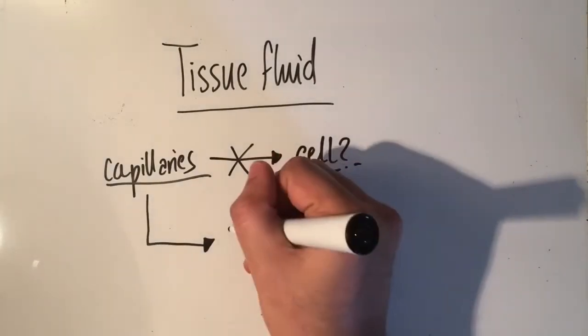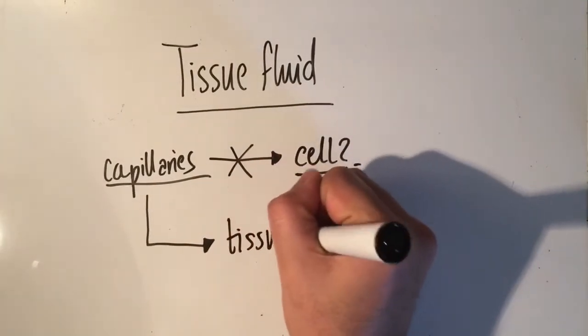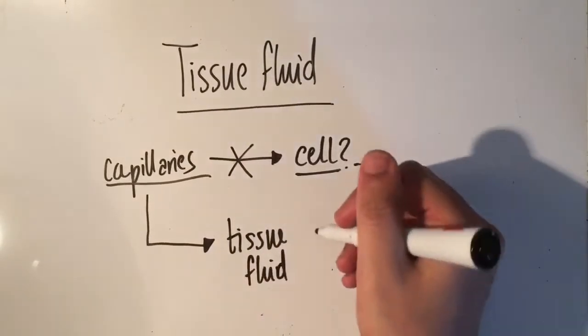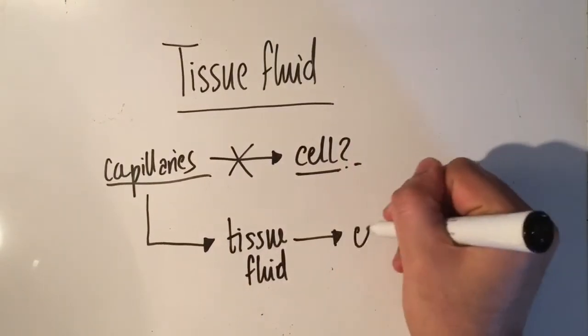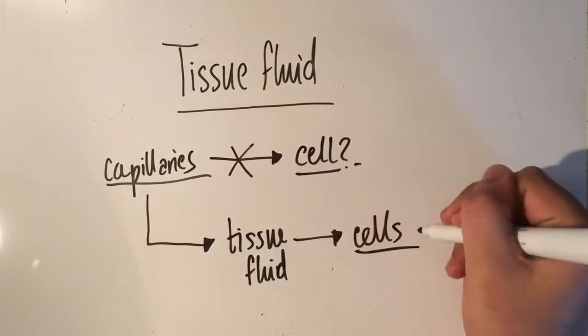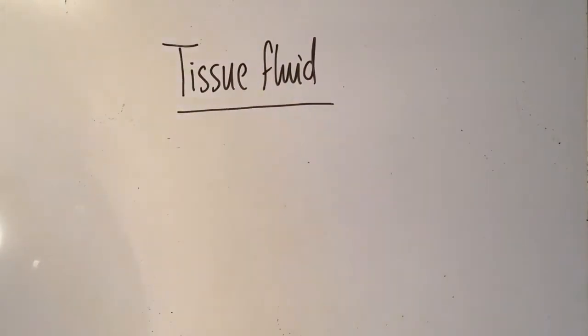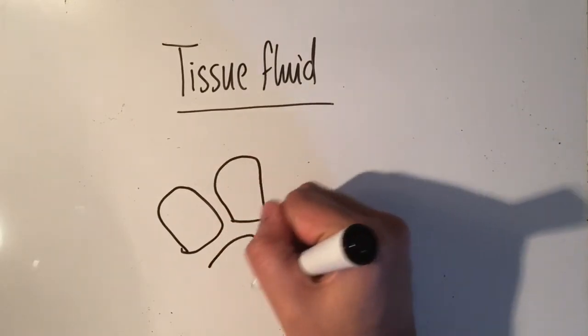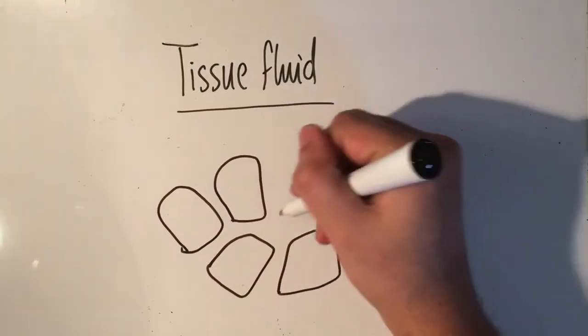Therefore, we form something called tissue fluid, in which the cells literally bathe, and then we can reach all the cells like that. So tissue fluid is formed from blood plasma.